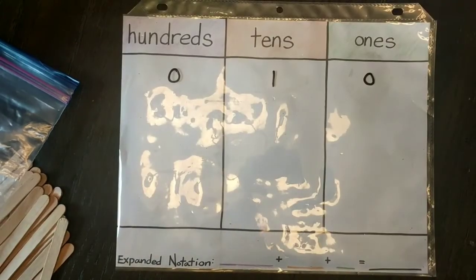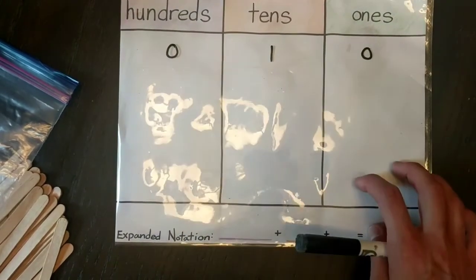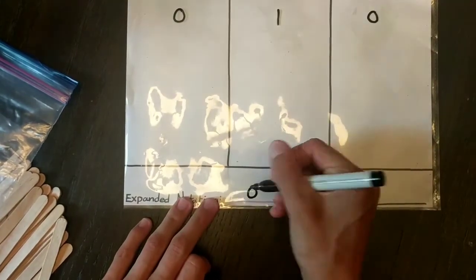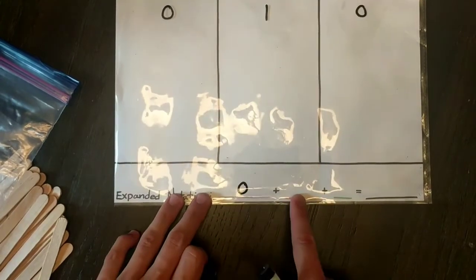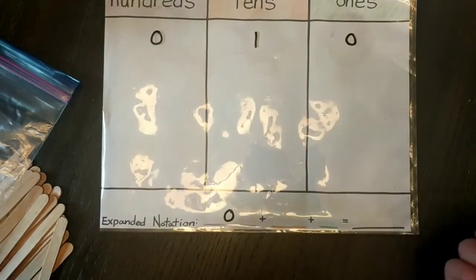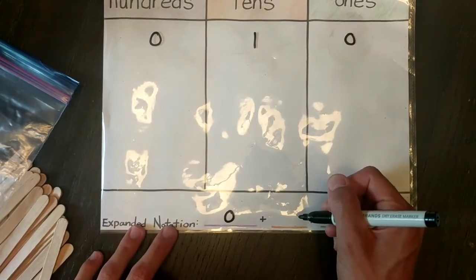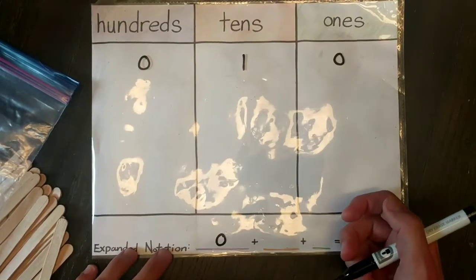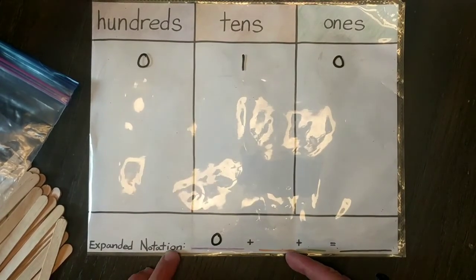Now here's where expanded notation starts to make more sense as something of value. We still don't have anything here, so we still put a 0 there. But in the tens place, now we get to put something different. It's obvious to you, but it might not be obvious to your child, that here we write 10, not just 1, because we're counting all the numbers now, not just the number of sets.